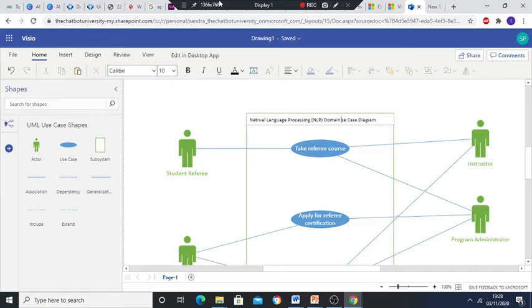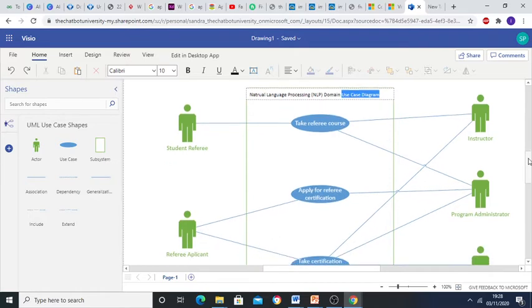I could have also called it NLP UCD. But the problem with just naming it UCD is if you take this use case to somebody who is not aware of what use cases are and what the acronym means, you may end up falling flat on your face. So use case diagram is better, I feel, so that you are clear on what the terminology is.